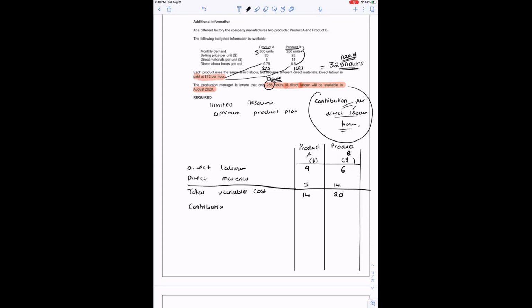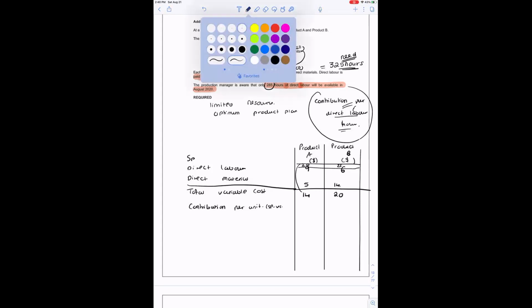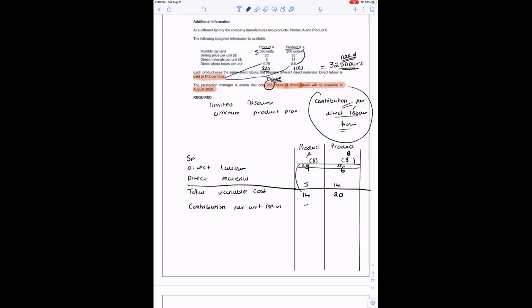Contribution per unit. Selling price minus variable cost. What is the selling price? Selling price is here 20 and here it is 25. So selling price minus variable cost. This is giving me 20 minus 14. Contribution per unit is 6 per unit. And 25 minus 20, it is giving me 5 per unit.